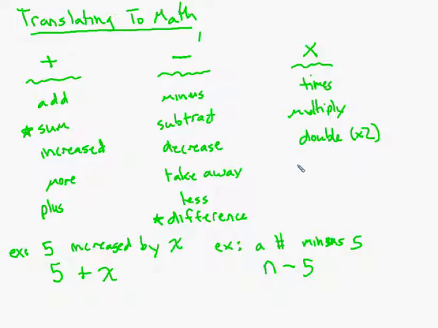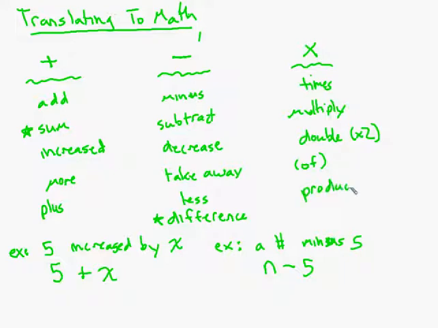What else would mean multiply? That's kind of hard, right? Not many words mean multiply. Sometimes, of. Okay, that's why I put it in parentheses. Sometimes of is going to mean multiply. Depends on context. Depends on the sentence. Product.